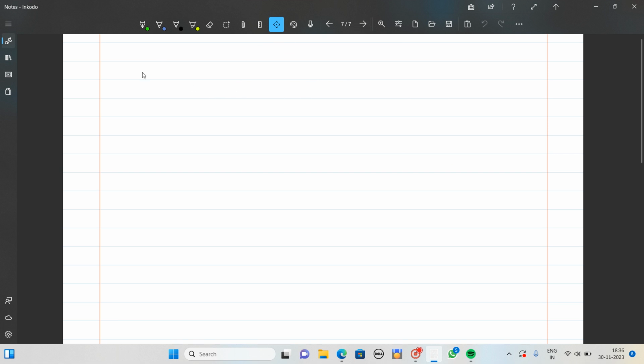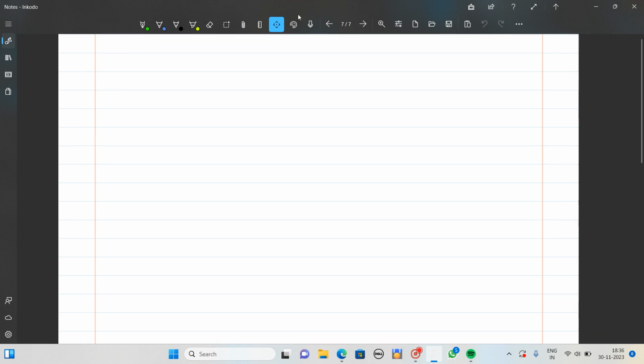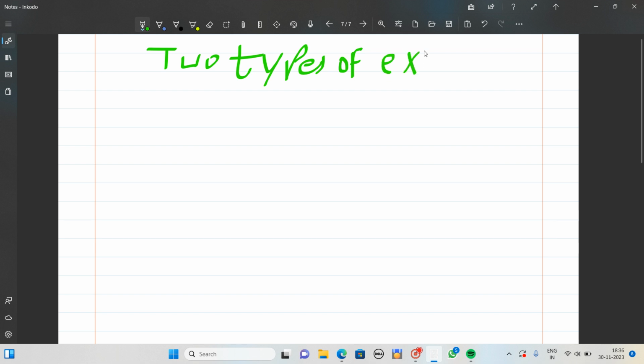So further, there are two types of extrinsic semiconductors.